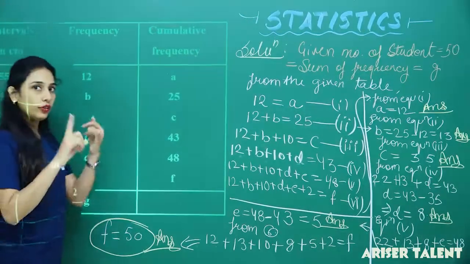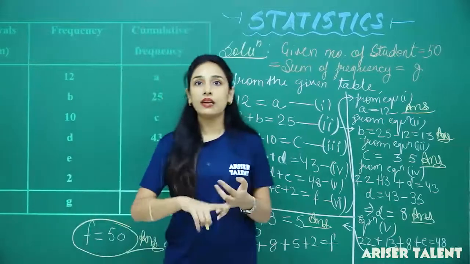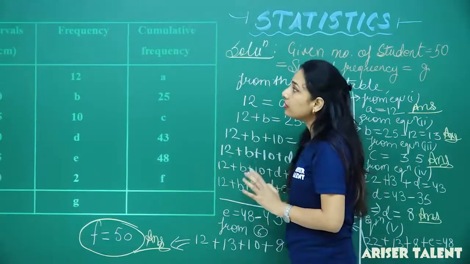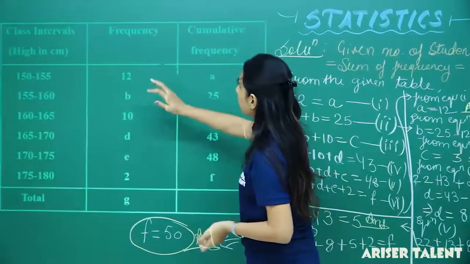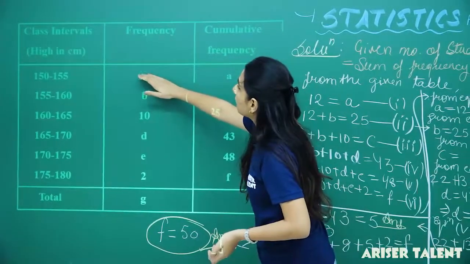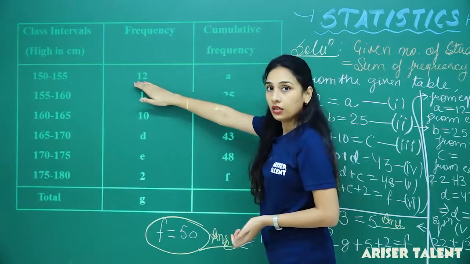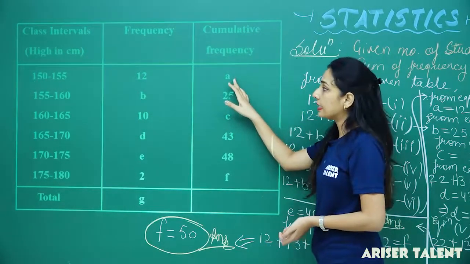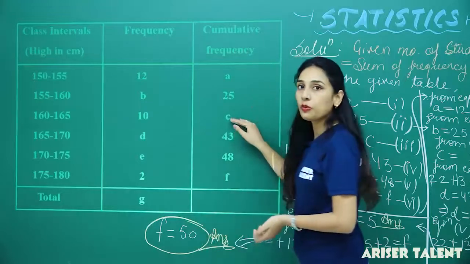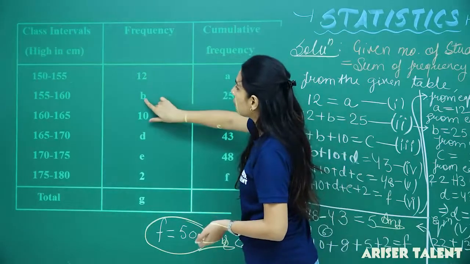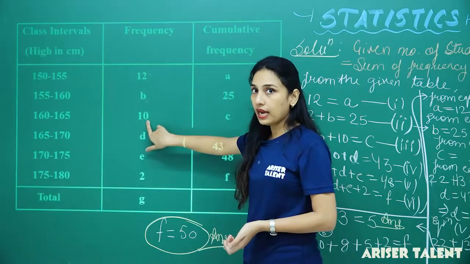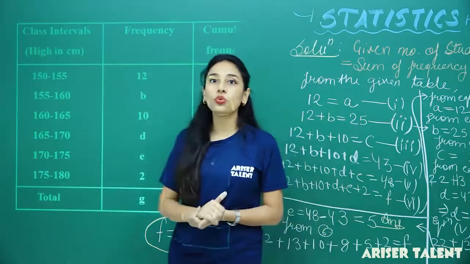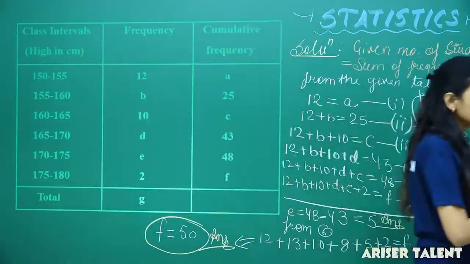So, here is the value of A, B, C, D, E, F, G. Now, you got your question that how you solve this. You just apply this pattern, that the summation of a particular frequency, corresponding value will be what? Cumulative frequency. If you are talking about this corresponding value, so you have to add this value to this value, and we will get the cumulative frequency here. Understood? So, just note this question so that we can move forward. Note it.